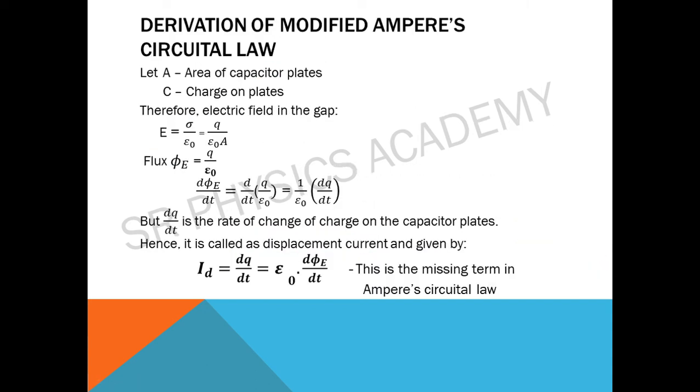The derivation of modified Ampere circuital law. Let us take a capacitor. Let the charge on the plates be Q and the area of the plates be A. The current which is passing through the circuit is I or IC.